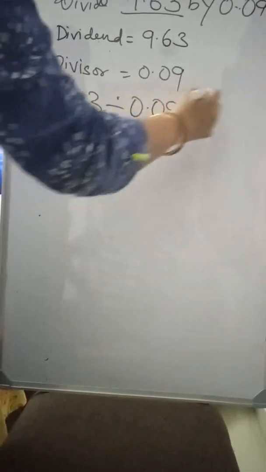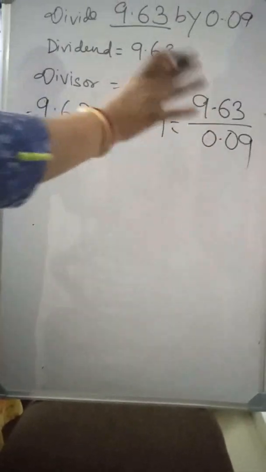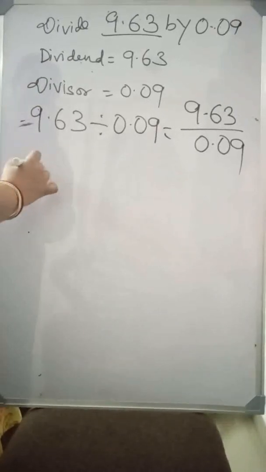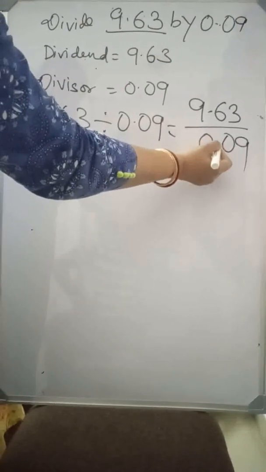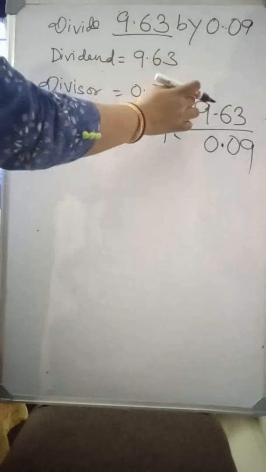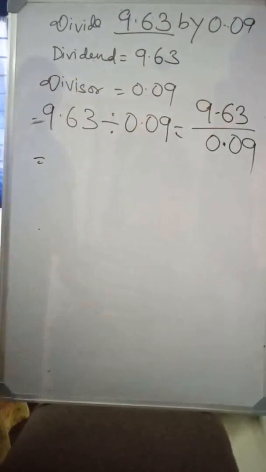Now we can write it as a fraction, 9.63 by 0.09, right? Now we have to convert it into the equivalent fraction. I want to remove this decimal from this denominator, and I want to get the equivalent fraction of this fraction, correct?